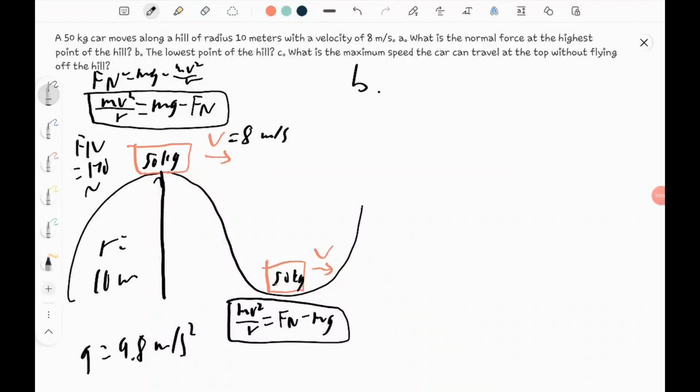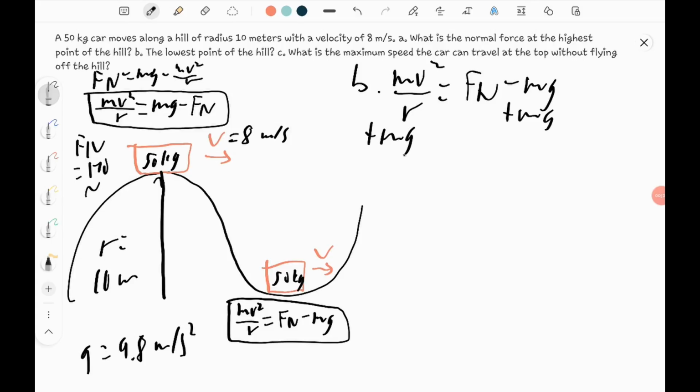Now, what about for B? What is the normal force at the lowest point of the hill? Again, we already have our equation, which is mv squared over r is equal to Fn minus mg. So all we need to do to find the normal force is to get this term on its own, so we add mg to both sides. That gives us Fn is equal to mg plus mv squared over r.